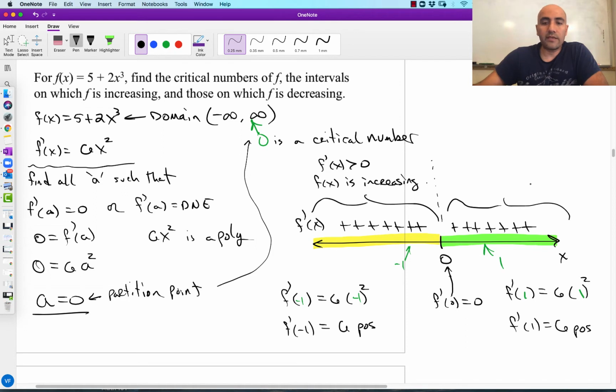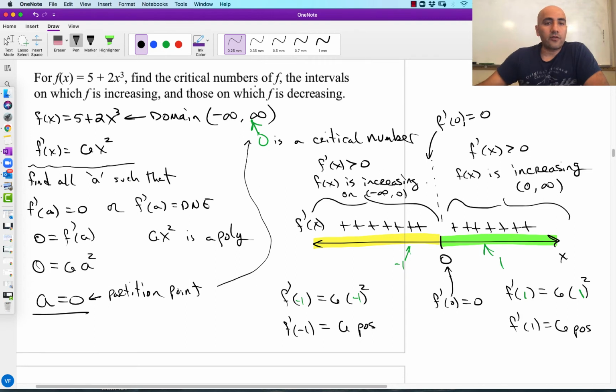Well, we found the exact same thing is happening over there. On the interval from 0 to infinity, f prime of x is also positive in this interval. And so we know that the underlying function f of x is also increasing on this interval from 0 all the way out to positive infinity. Of course, we know that right there at 0, f prime of 0 equals 0.